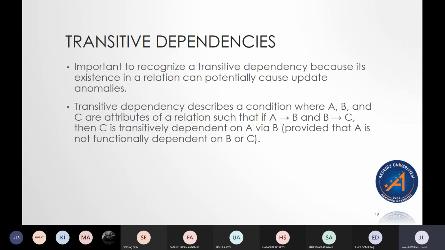So we are going to work through full functional dependencies and transitive dependencies to start the process of normalization to get to the third normal form.